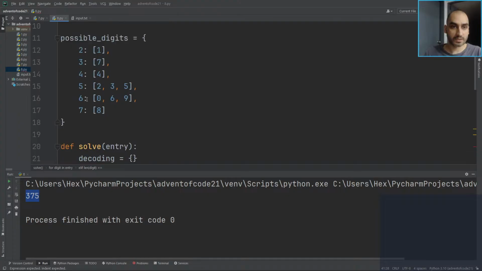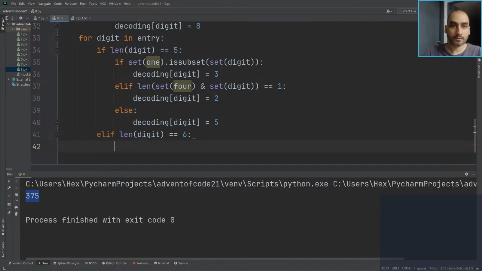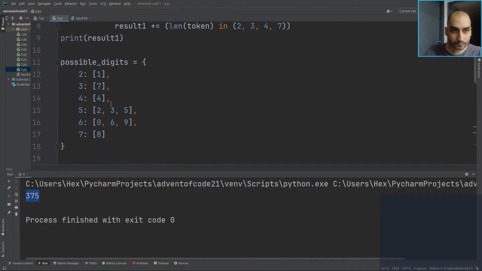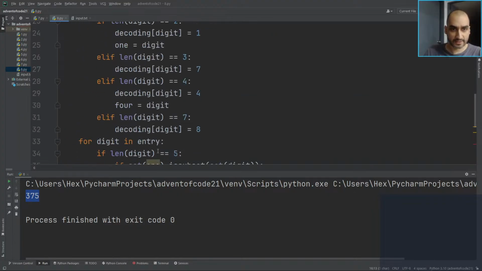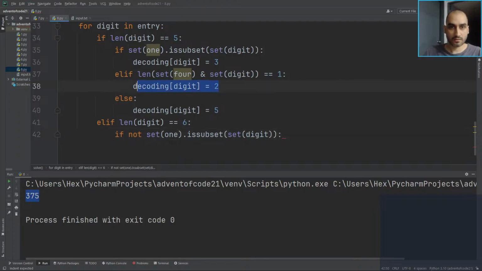And then we're on to the 6. Alright, now for this one, we check if it contains 1 again. That would... no. Yeah, that will identify the 6. So if 1 is not a subset of it, then that means it's a 6.